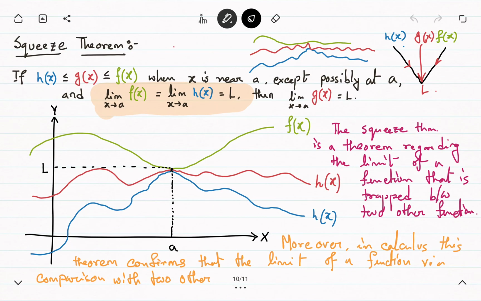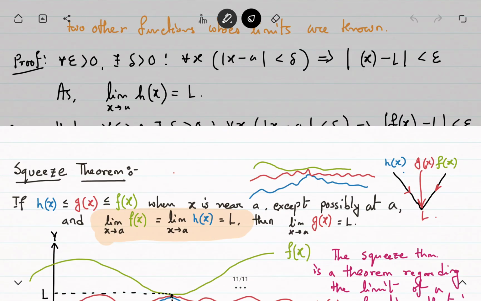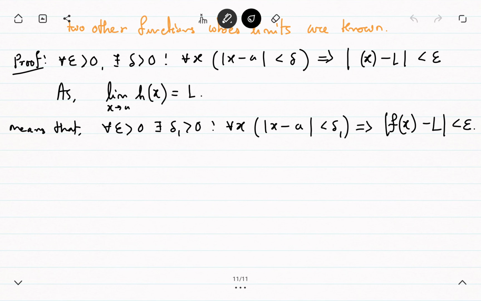So for g of x it is defined, and this I'm doing for h of x.